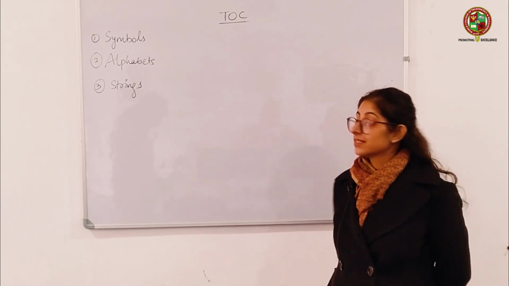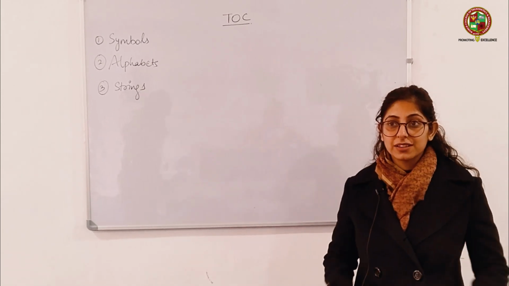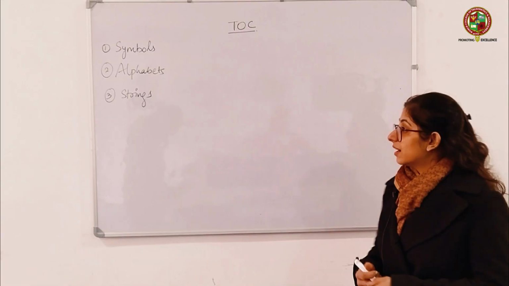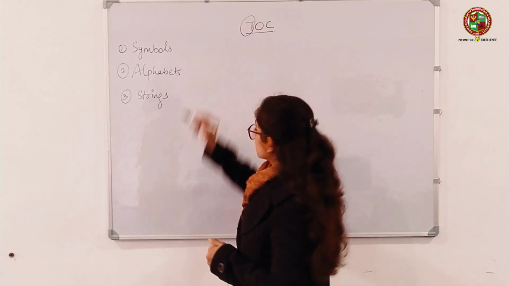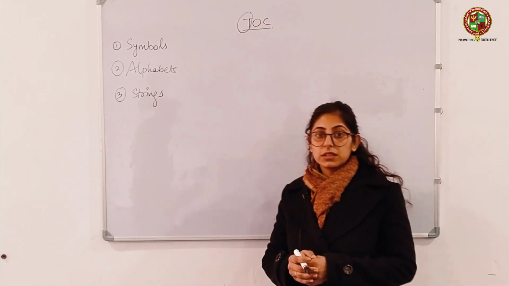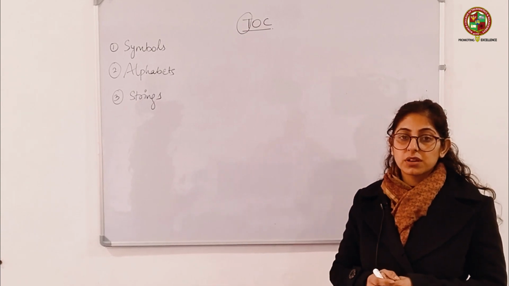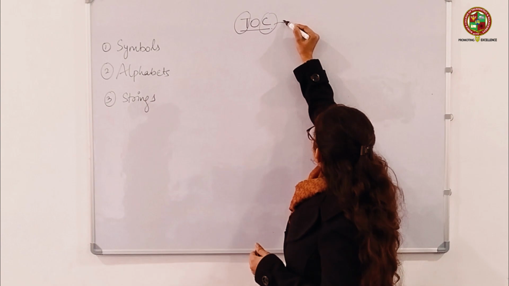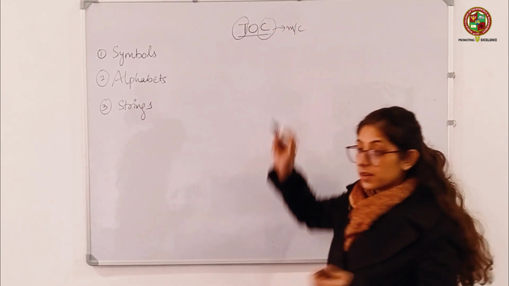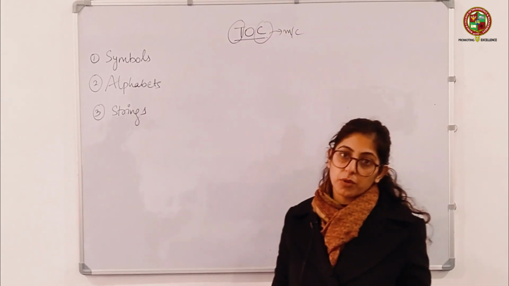Today we are going to discuss the theory of computation, as you can see, TOC. What do you mean by the theory of computation? Here the T stands for the theory, and computation means any machine that helps us to solve our day-to-day problems.